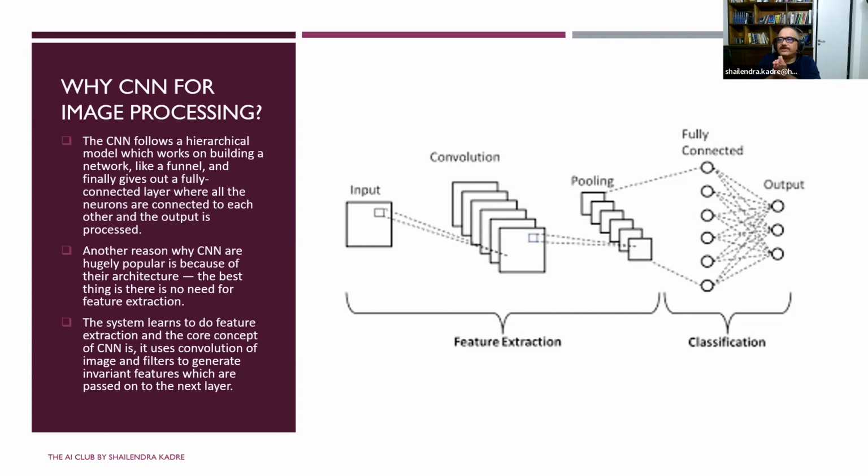We are extracting features out of the image, so we have to reduce the dimensions of the image. But the important features should not go, because you have to recognize the face.